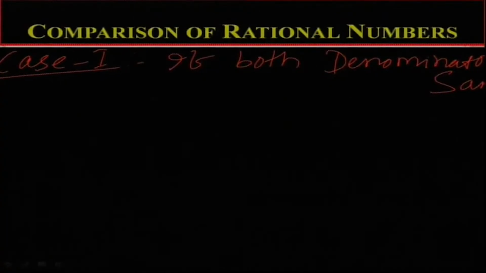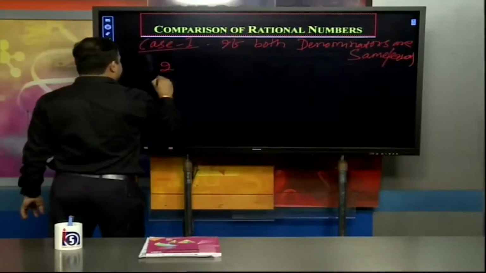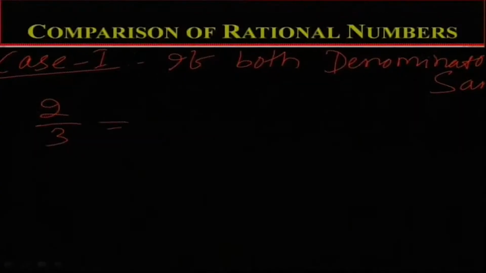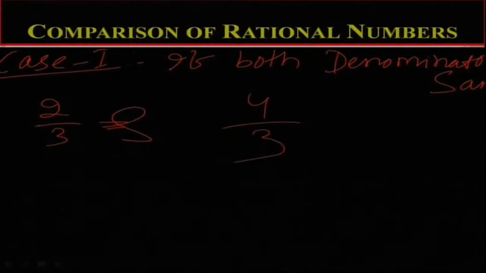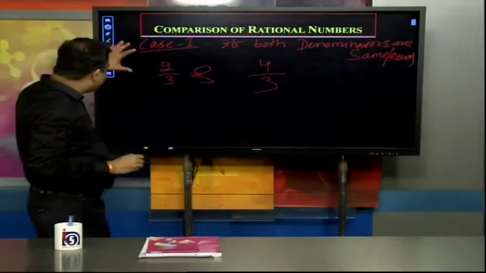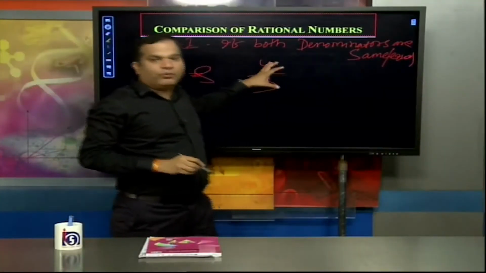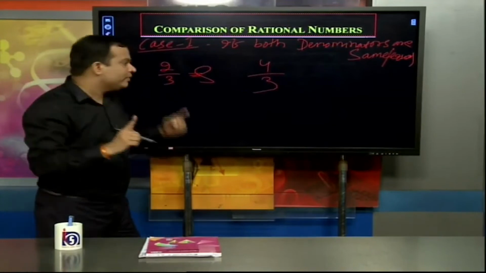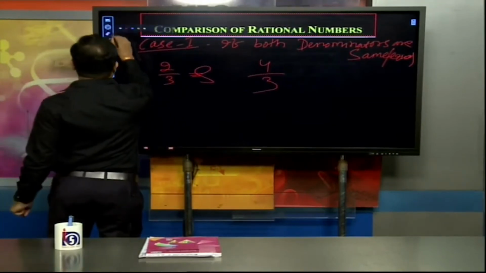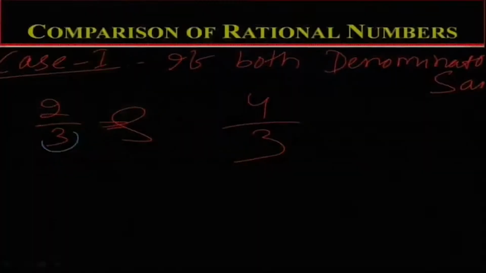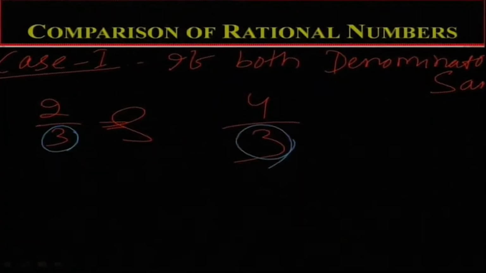For example, suppose 2 by 3 is one of the rational numbers, and we are comparing 2 by 3 with 4 by 3, which is greater. Here you observe that 3 is the denominator in both, so both are equal.